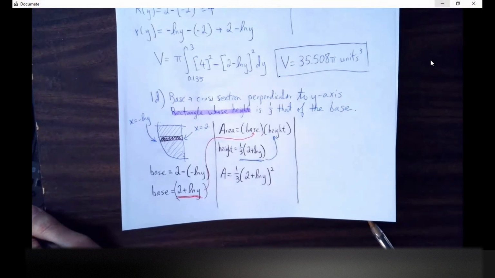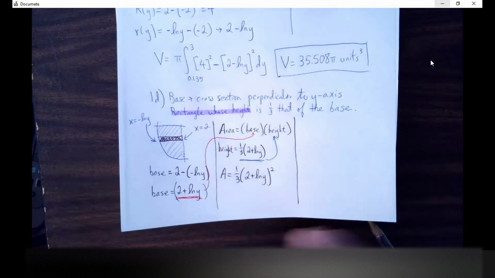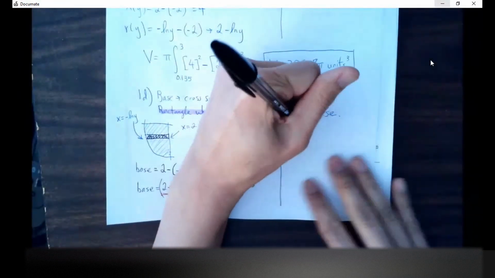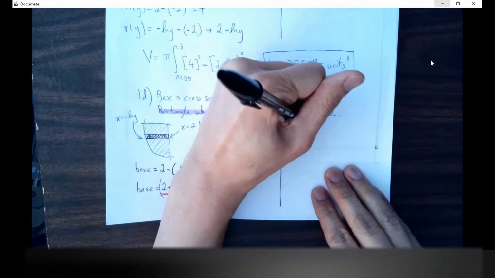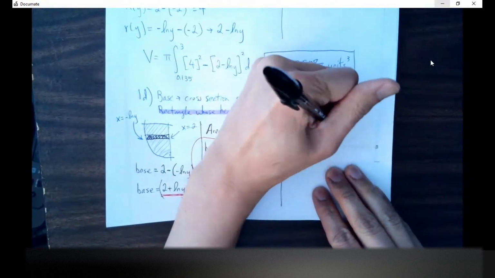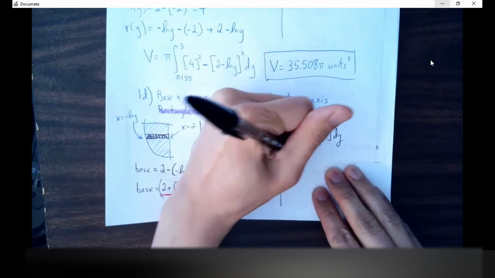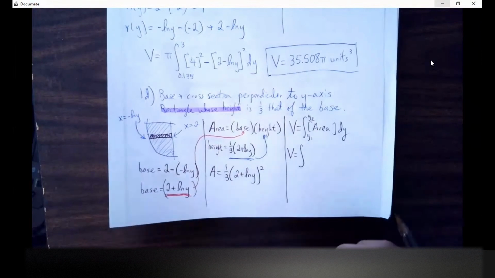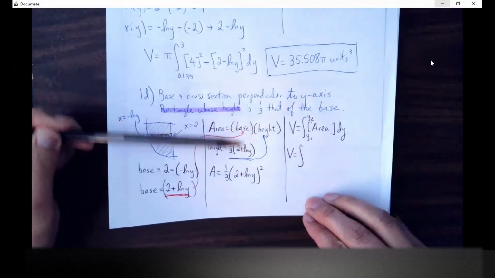Okay, any questions so far? Nope. Yeah, good. Volume. Cross section with orientation of right minus left. Right, we want to identify the lowest to highest y value because we're building rectangles from this end all the way to the top end.